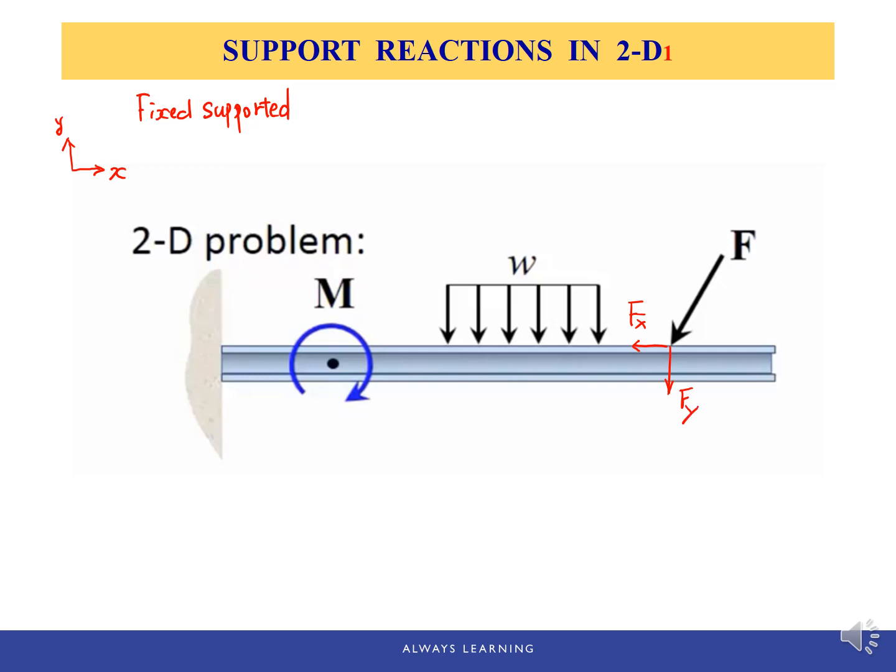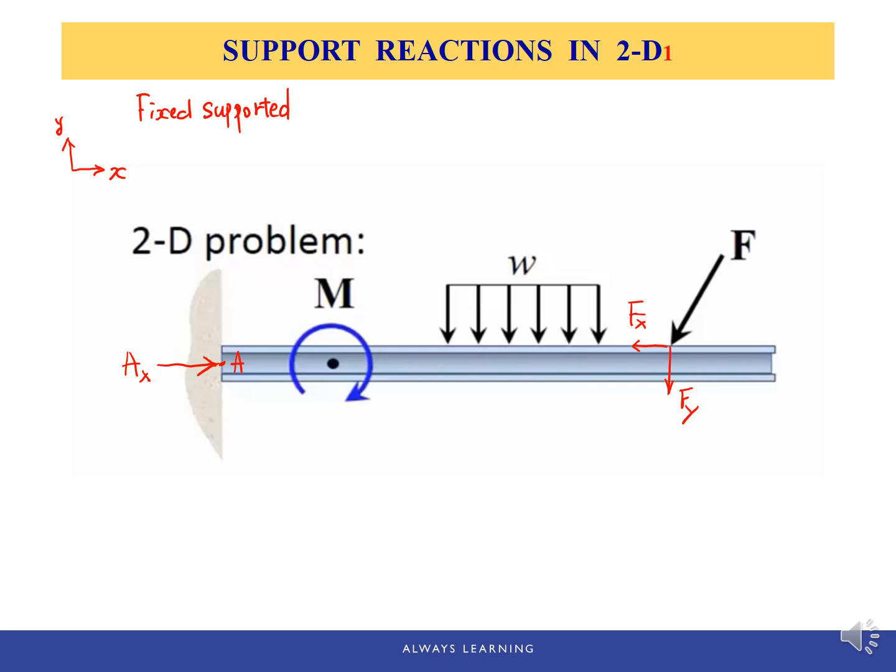Now, this Fx pushes the member to the left. Therefore, the wall must exert a horizontal force to the right in order to prevent the motion to the left. So if I call this point A, here is a component pointing to the right, and usually we call this force Ax.